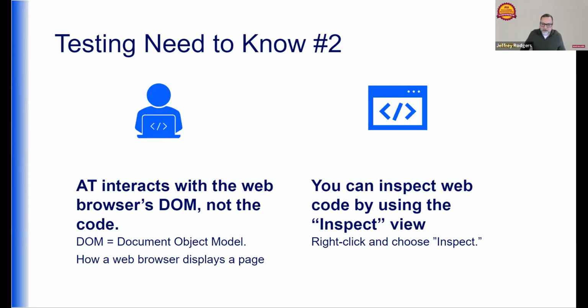All right, so the next need to know is how assistive technology interacts with all this code. What assistive technology interacts with is called the web browser's DOM, or the DOM, and that stands for Document Object Model. That's a fancy word for saying that's what a web browser displays.